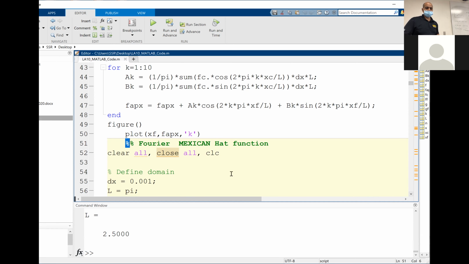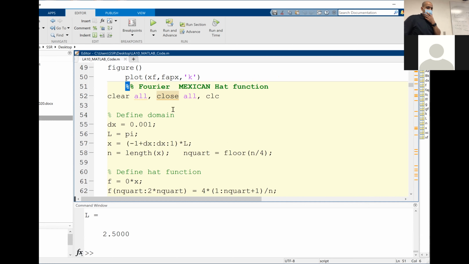The next example is a Mexican hat function, and I'm going to use the Fourier decomposition to find out the sine components and cosine components that are embedded in that Mexican hat function.